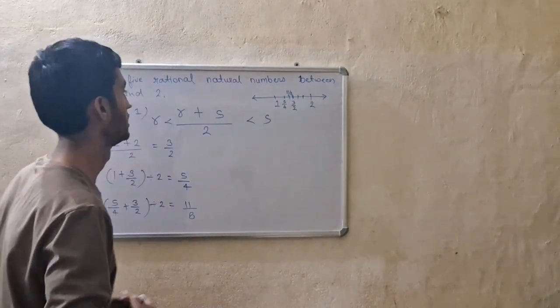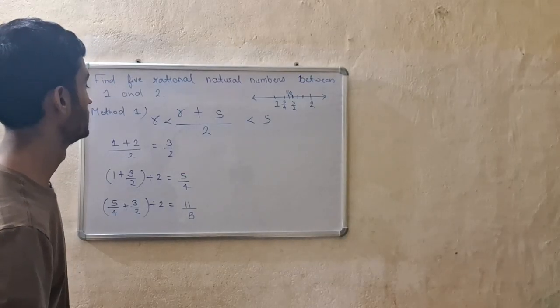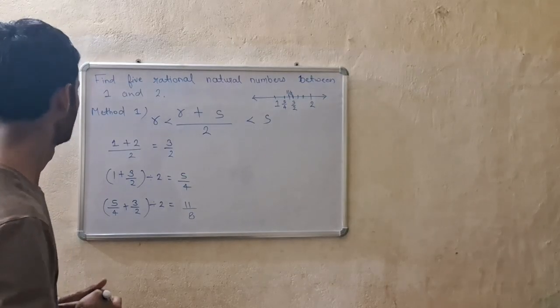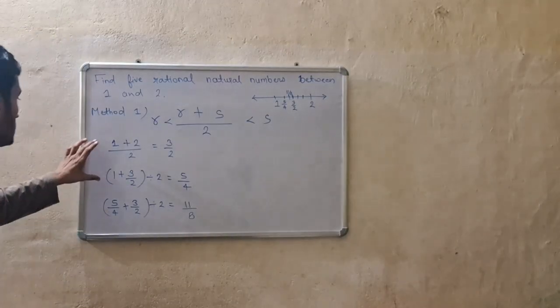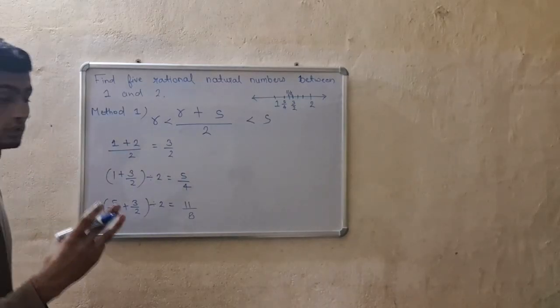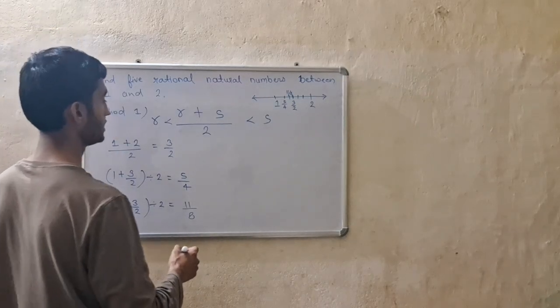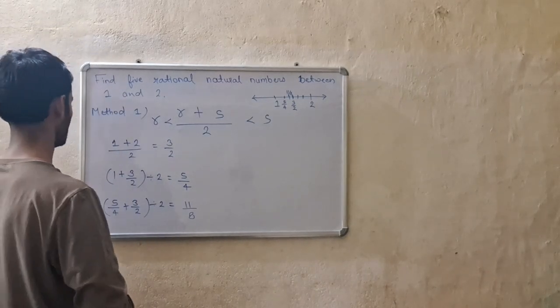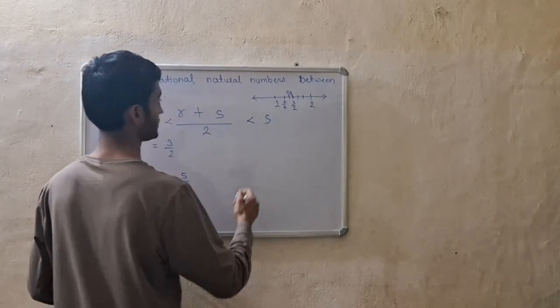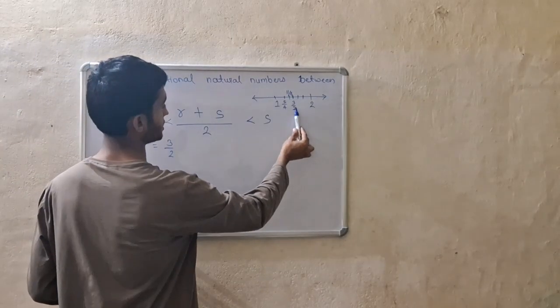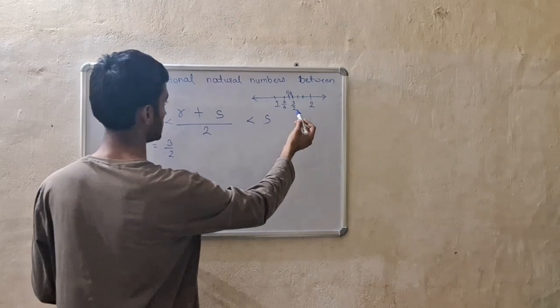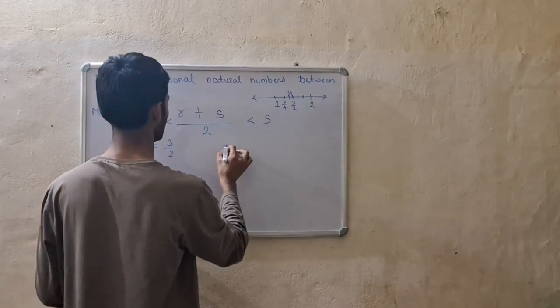Let me write it up on the line. So we have found 3 rational numbers. Now we need 2 more rationals. You can use any 2 numbers here to find another one. So let me use 3 upon 2 and 2.